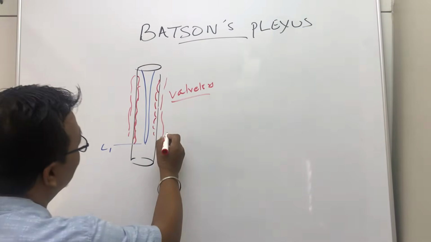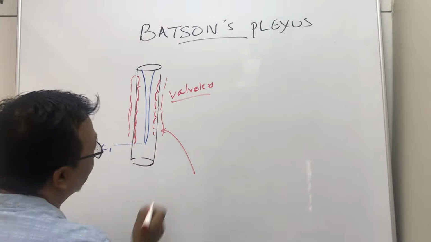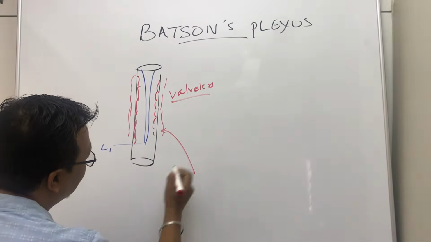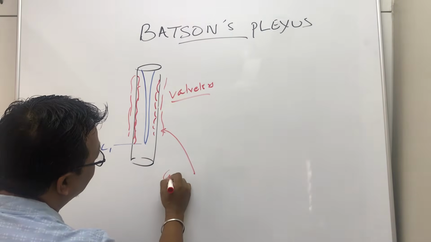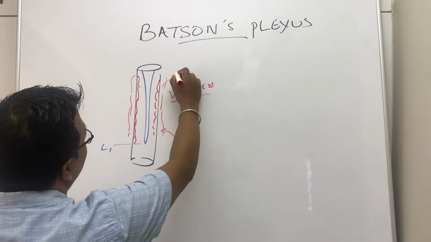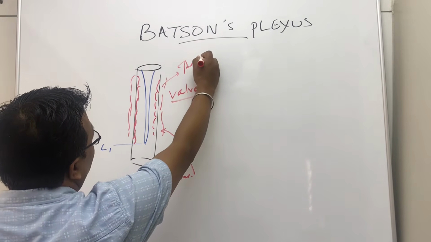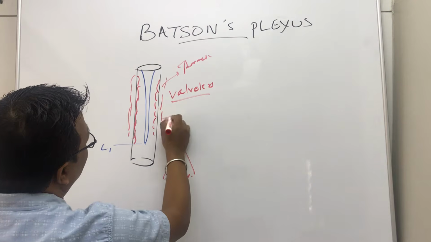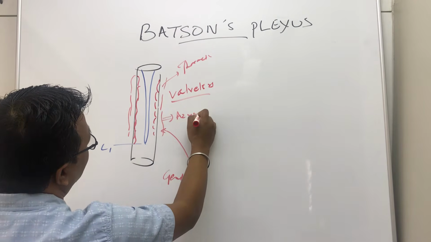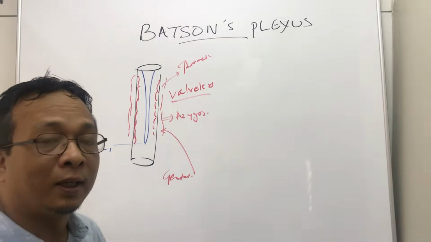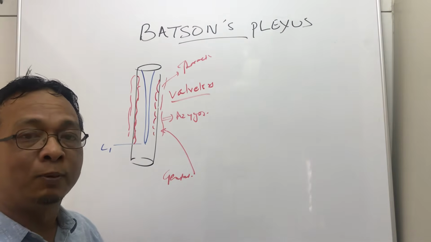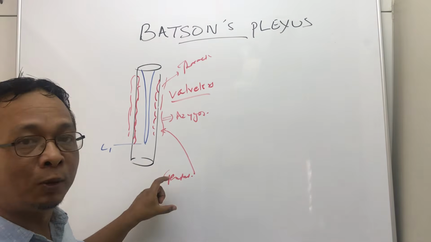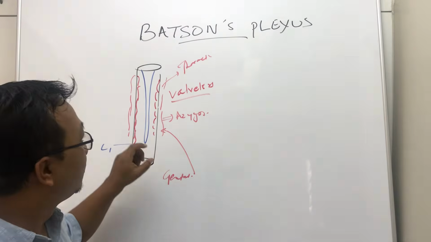Why is it important? Because they are connecting the veins coming from the genital area to the thoracic, connecting to the azygos system. They are connecting to the veins coming from the pelvic areas, like from the prostate, from the urinary bladder, from the rectum.